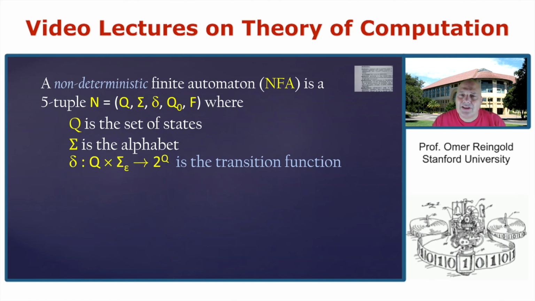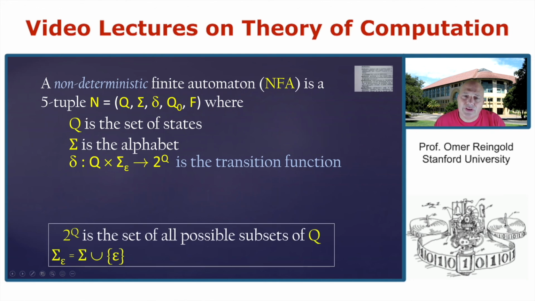And now it doesn't give you a single state, it gives you a subset. So 2 to the Q refers to a subset of states, and this subset can be empty or can be large. These are all the states you can reach when reading the particular symbol from state Q.